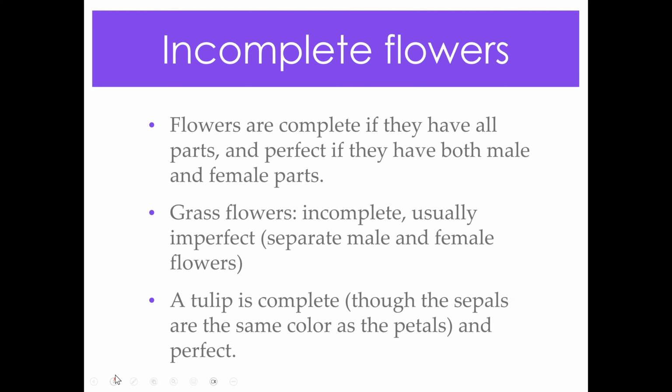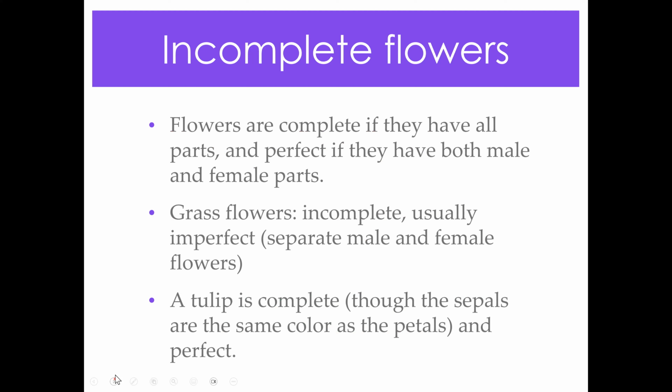Flowers are complete if they have all the parts, and perfect if they have both male and female parts, because then they're very close to each other to catch the pollen. Grass flowers are usually incomplete. They have a male and female and need somehow for that pollen to be transferred in between them.